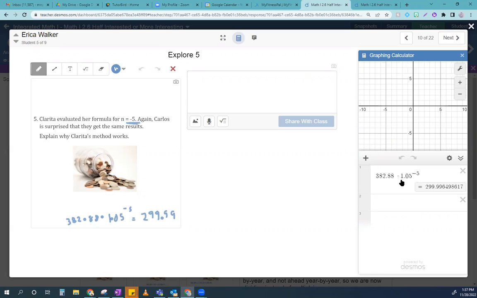The original amount, which is the 1, because that's like 100%, right? Plus the 5%. Okay, then where's this -5 coming from? What does the -5 mean?